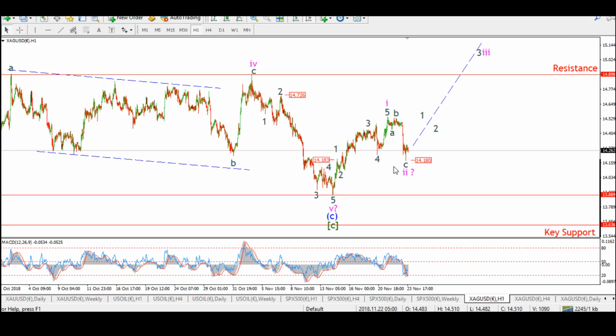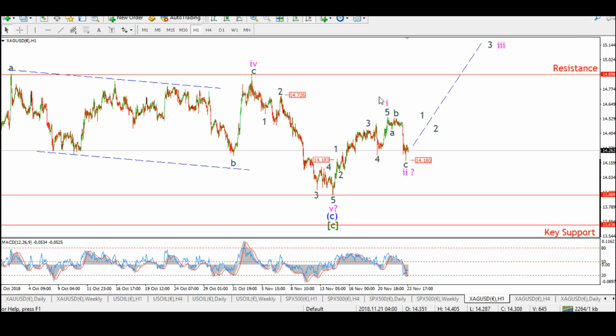So where do we go from here? I'm still looking for a third wave up, as in gold. I think gold and silver will again move together to the upside pretty soon. We've got that 13.88 low here, which should hold as this market moves up in a third wave, and we've got key support there at 13.63, and most definitely don't want to see that breaking. Okay, so that's silver.